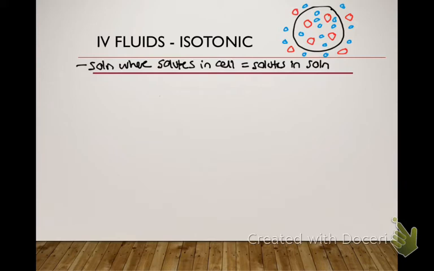Inside or outside the cell? Outside the cell, right? Because there's no osmosis happening. So with an isotonic fluid, everything's the same inside and outside the cell. When I give that fluid, it's not like a hypotonic where I pushed that fluid into the cell. I'm giving the fluid and it's just sitting outside the cells. No effect on the intracellular.